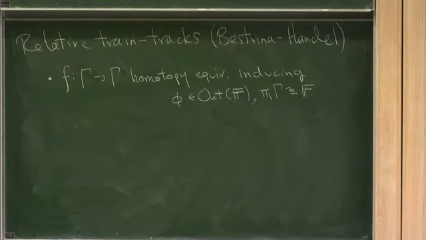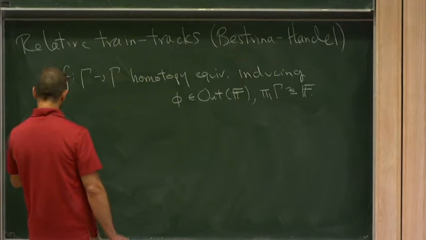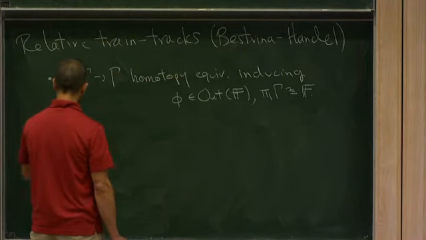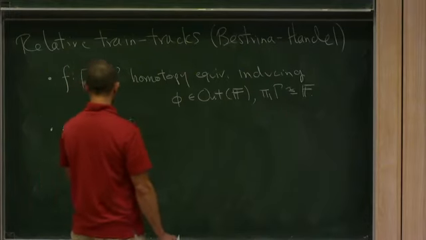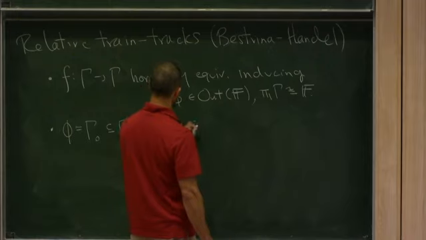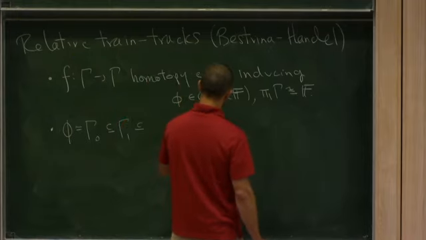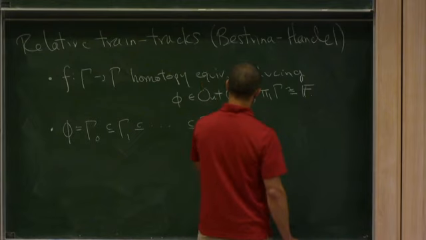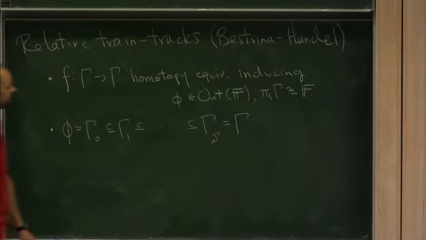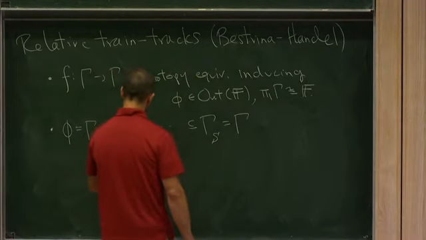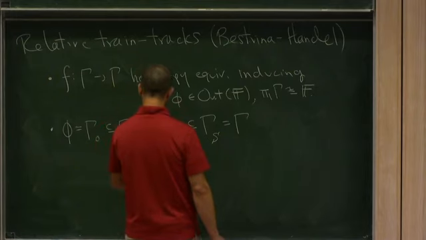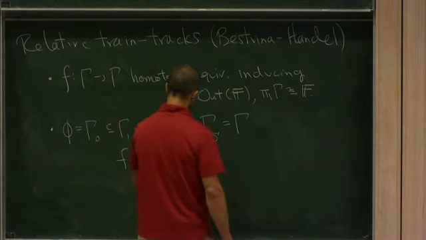There's an invariant filtration. So I can filter my graph by subgraphs. Gamma 0 is the empty set contained in gamma 1, and so on, up to gamma sub capital S, which is the whole graph. And it's F invariant, right? So where F of gamma sub little s is contained inside of gamma sub little s.